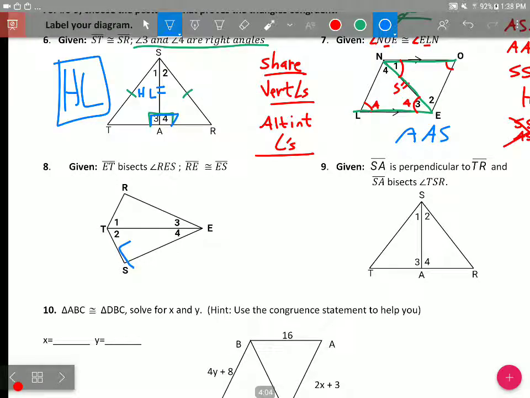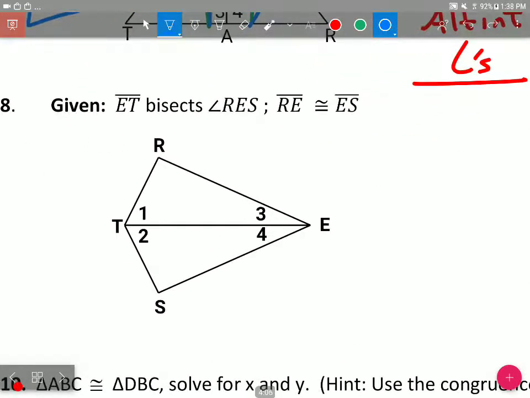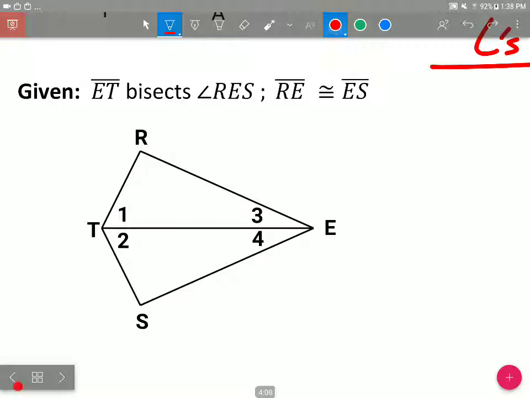Number eight. All right, so just start marking. ET bisects RES. Now I still have a lot of people that say, so therefore I can mark this one and this one. No, you cannot. It bisects an angle, so you can only mark the angles. This tells me that RE equals RS.